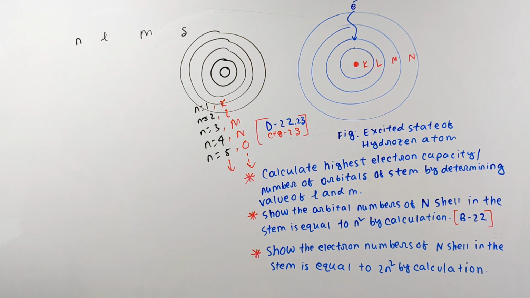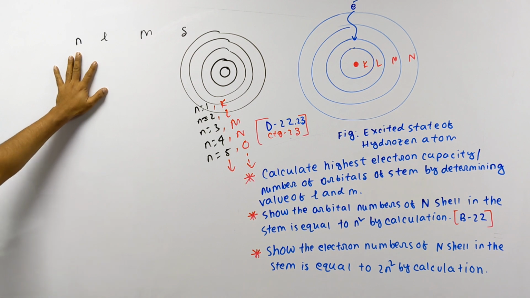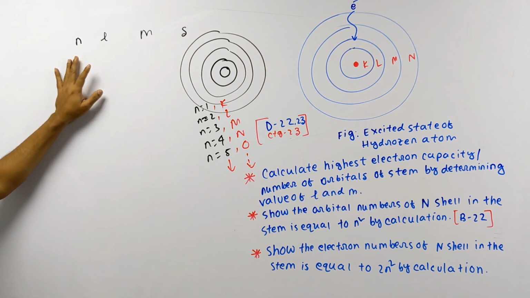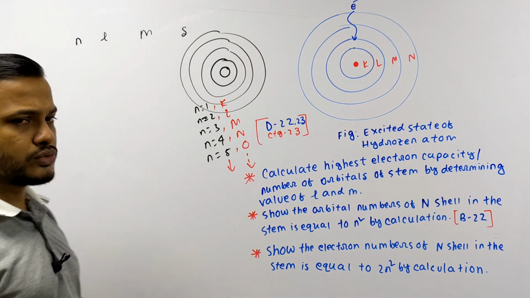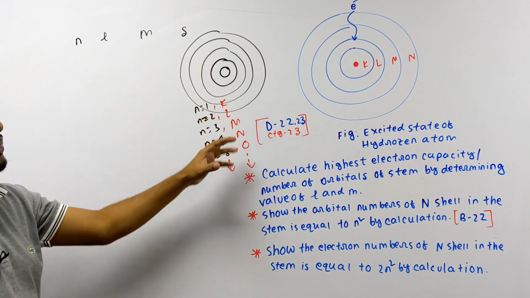So mathematically n should be any positive integer. n is the main energy shell or main orbit. They are energy shells, 1, 2, 3, 4 respectively.